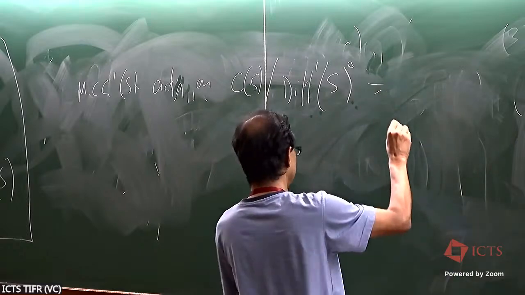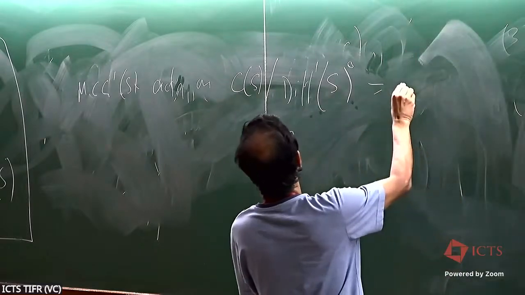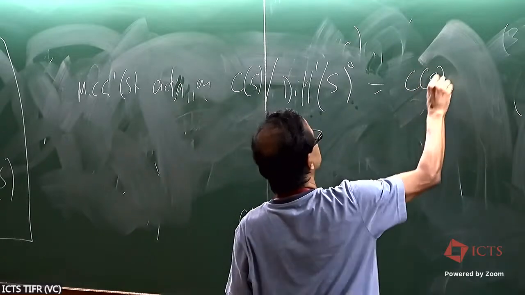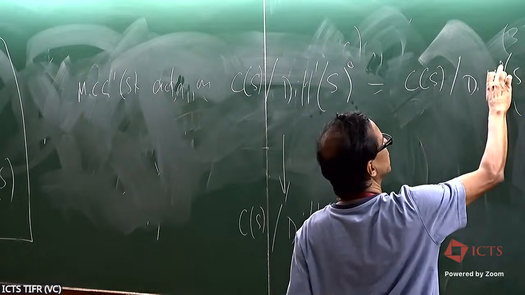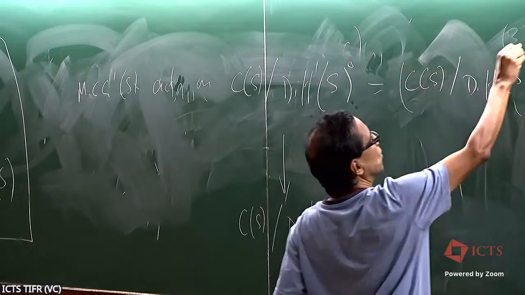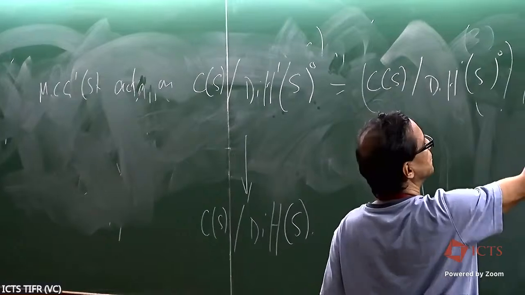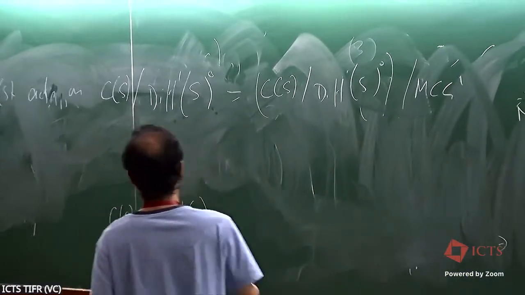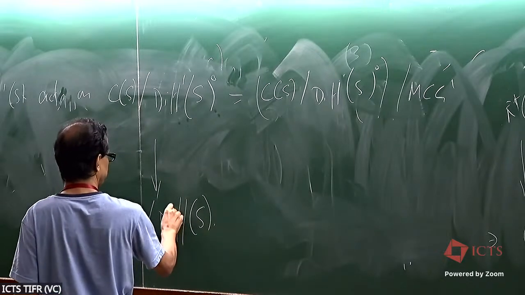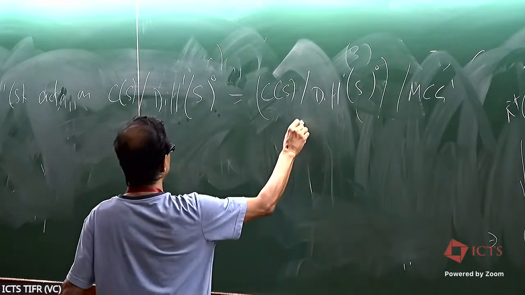And let us write down the quotient here: diff1 of S, sorry, S naught quotiented by MCG1. And here I can only put diff and diff naught, now I can put diff.